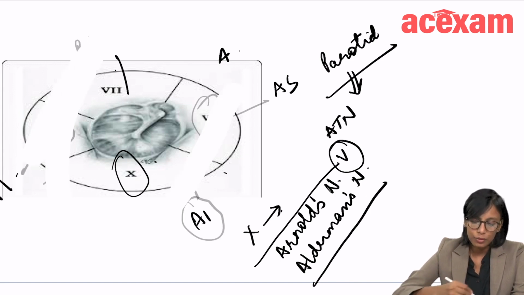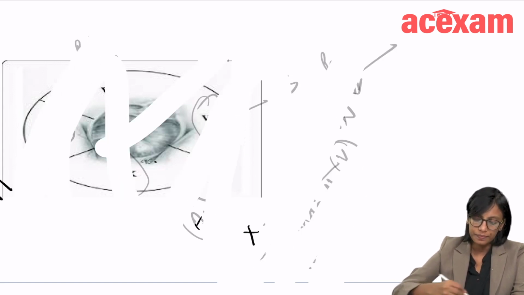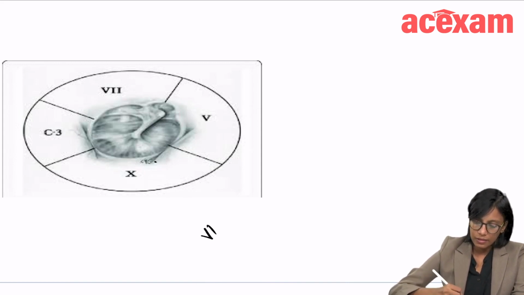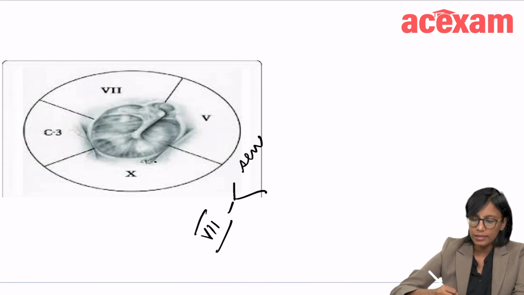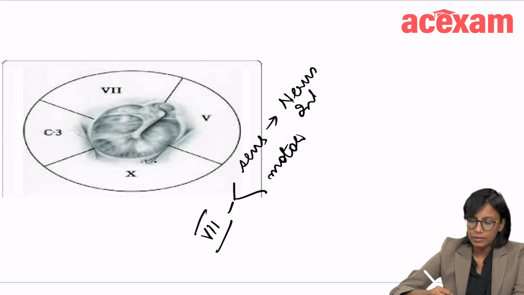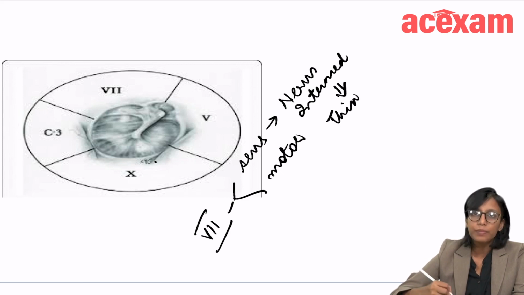So what is the significance of this? The 7th nerve has two divisions, sensory and motor. The sensory division is also known as nervus intermedius. It is a very small, very thin nerve. It accompanies the motor division in the internal auditory meatus.